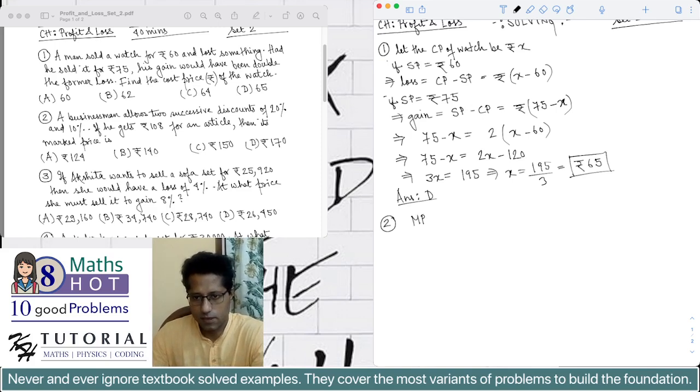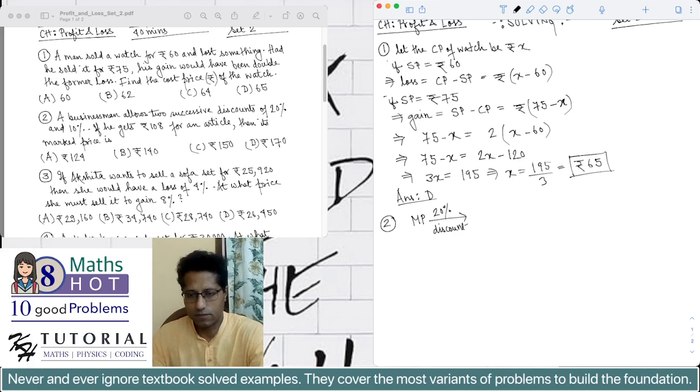Okay, so visually, if we try to understand, from the mark price there are 2 successive discounts. First a 20% discount. Let the reduced price on the mark price after the 20% discount be P, and then from P there is again a 10% discount, and finally we have the selling price.